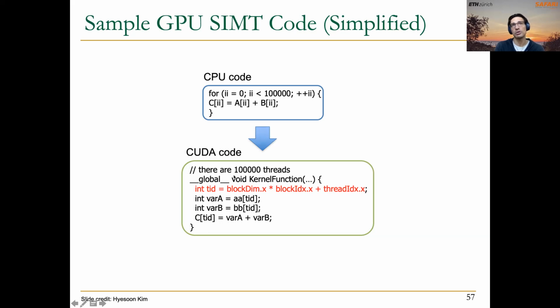The key difference between this CUDA code and the CPU code is that in the CPU code we are simply using an index, this index i, while in the GPU code we are using a thread index, an index that identifies each of the different threads that we are using in our program. Based on this thread index, we access different elements in memory and operate on them.